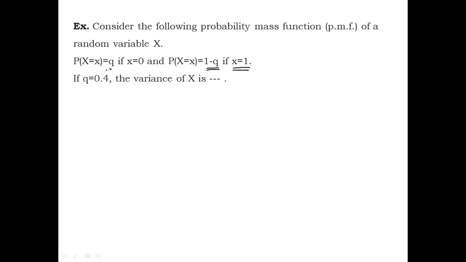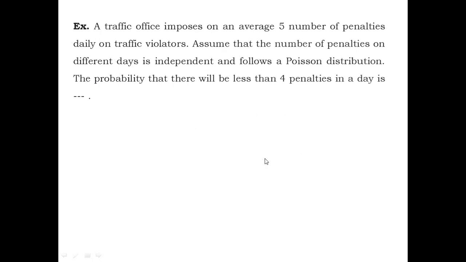Probability that x is equal to 0 is q. Then variance of x, consider, and this is Bernoulli. Means actually variance of x is n into p into q, but n is equal to 1 because this is Bernoulli. p is equal to 0.6, q is equal to 0.4. So this is 0.24 is the answer.